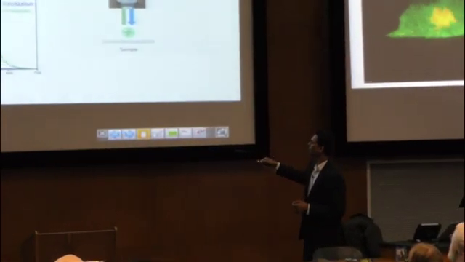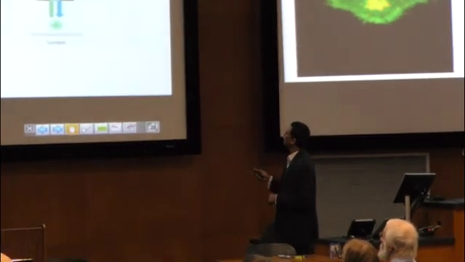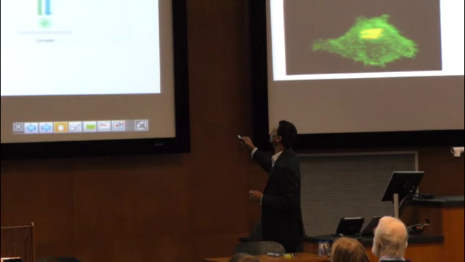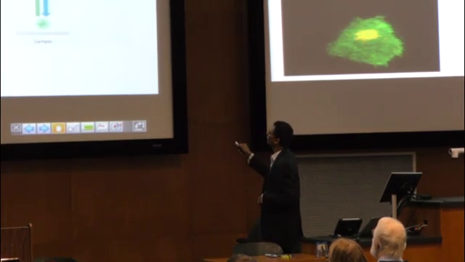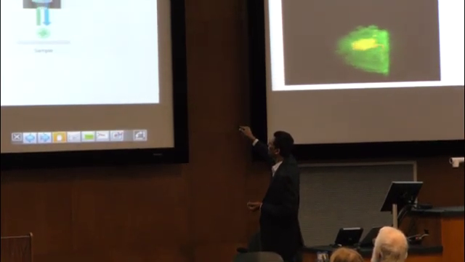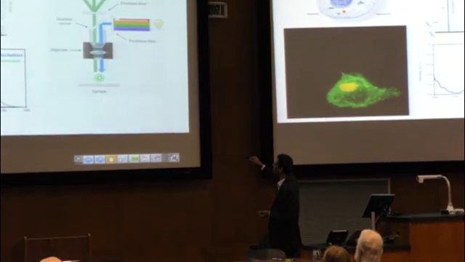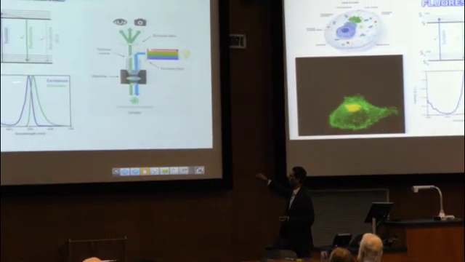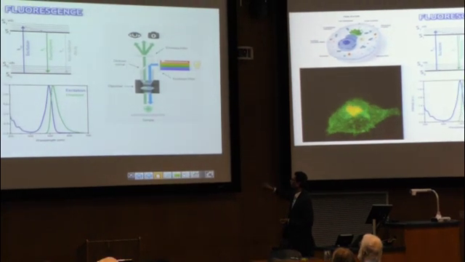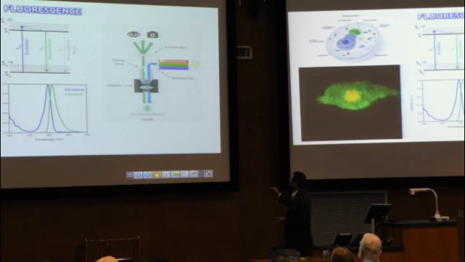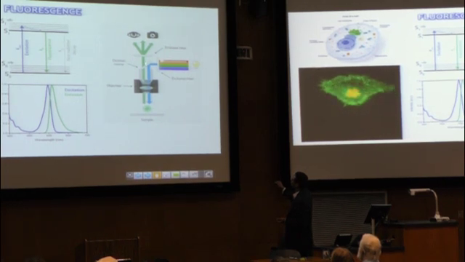So in a microscope, you have a light source that emits all colors of light. We have a mirror that reflects that light onto your cell containing the fluorescent molecule. The cell absorbs that light, for instance blue, and emits green light, and then the green light goes out. This filter is very special.